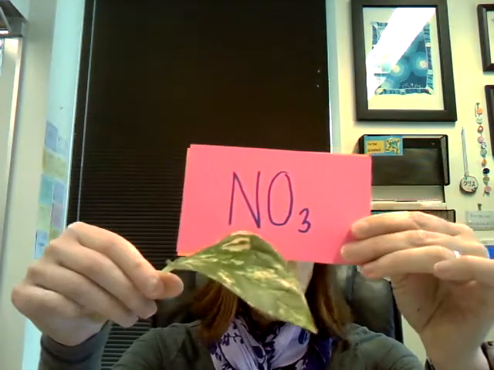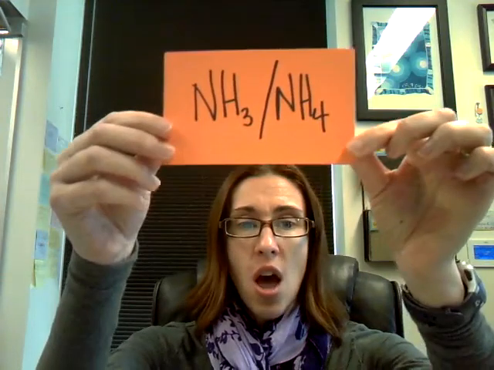Our next step is ammonification. What ammonification does is the nitrate that's in this dead plant leaf will get changed back into ammonia, ammonium. So that's ammonification. Decomposer bacteria do that. Very important. And then last but not least, we have the process of denitrification.